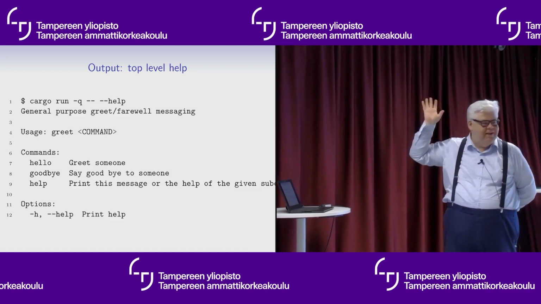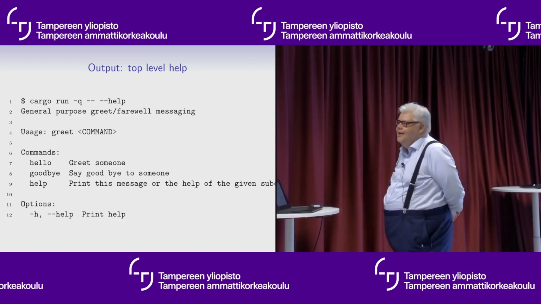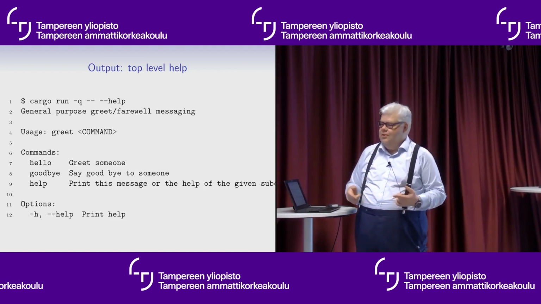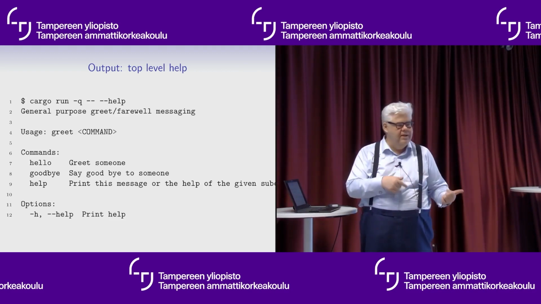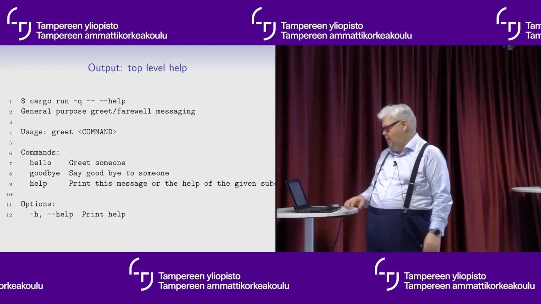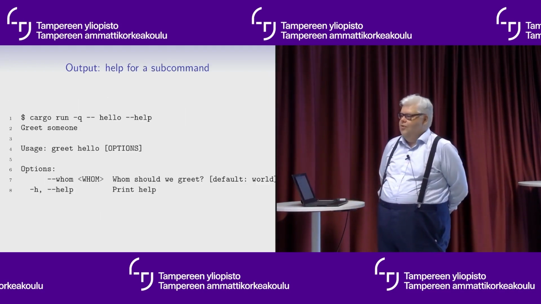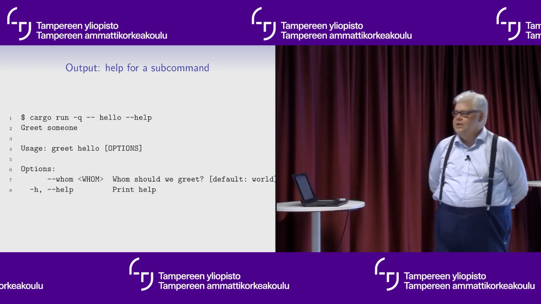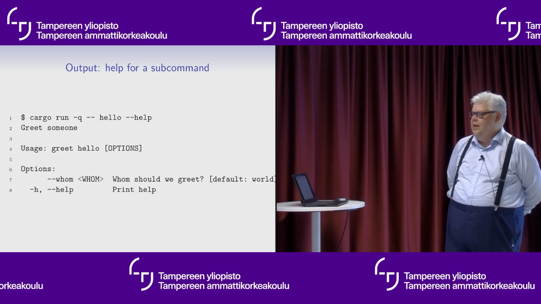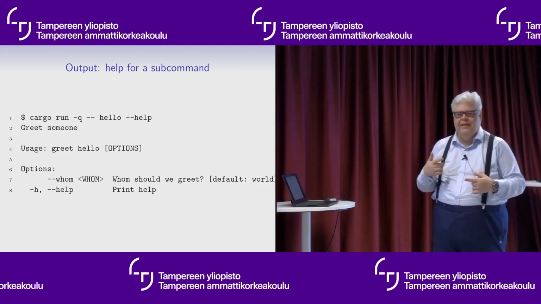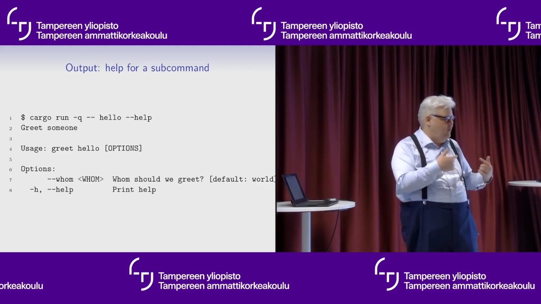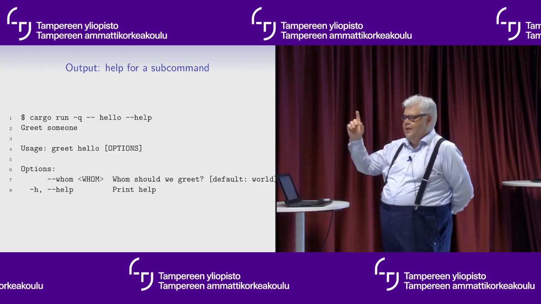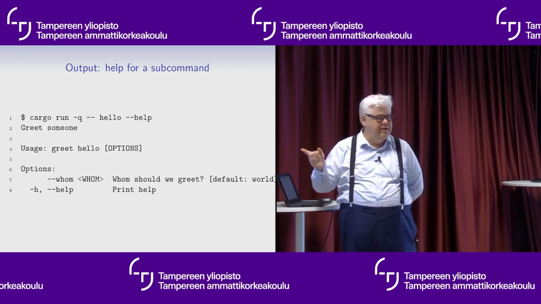I'm not saying I'm lazy, but I'm lazy. If there were other options that would come before the subcommand, they would be listed here automatically. Or you can look at the help for a specific subcommand and what options it might have. So there's almost like a built-in help subsystem compiled into this. It also tells the user what the default value for whom is, which is really nice.